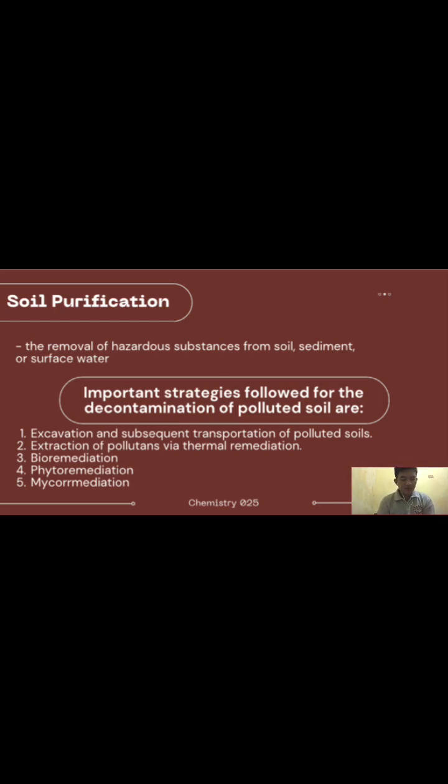And bioremediation involves the use of microorganisms to break down the contaminants within the soil. Phytoremediation involves the use of plants to reduce, degrade, or remove toxic residue from the soil. And lastly, mycoremediation involves the use of fungi for the accumulation of heavy metal.